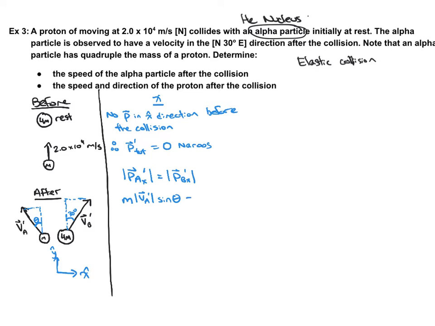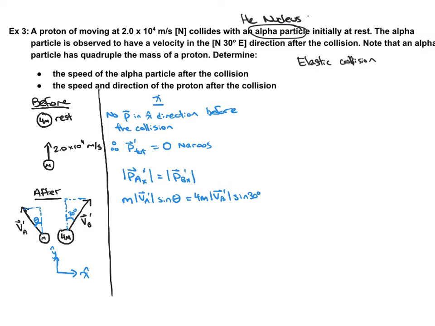And equals, so the other particle, the mass is 4m, times the velocity, which will be vB prime, and the x component of that will be times sine of 30 degrees.